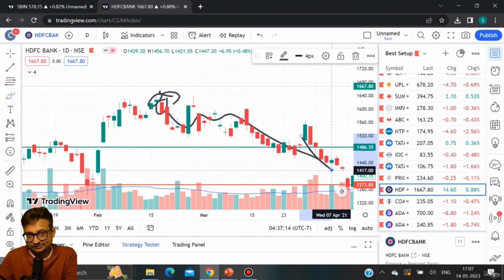Does the market always move according to technical analysis? This is not true. The market 90% of the time will move according to technical analysis, but there are certain things, like for example, quarterly results, or if something big happens like the Russia-Ukraine war, if something extreme happens, then the market will go haphazardly, right?